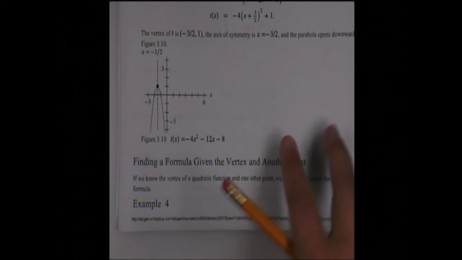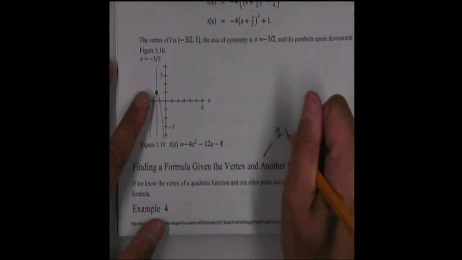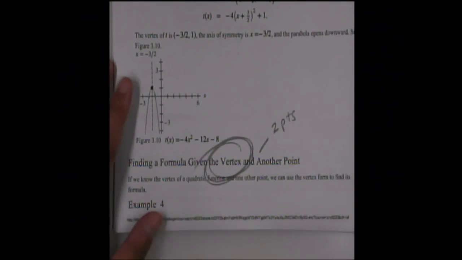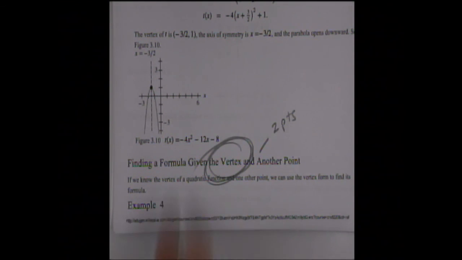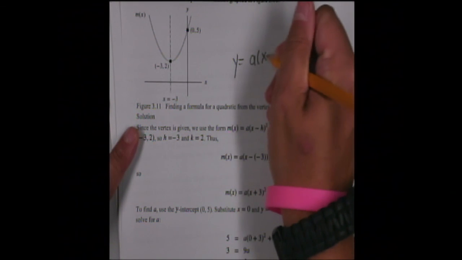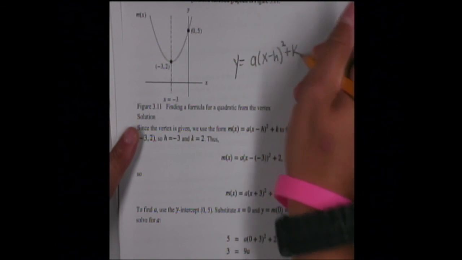Otherwise, just real briefly, I have about a minute and a half, we can actually find the formula given the vertex and another point. So notice here we're given 2 points rather than 3, and one of them is the vertex. What we do is we start with a times x minus h squared plus k.